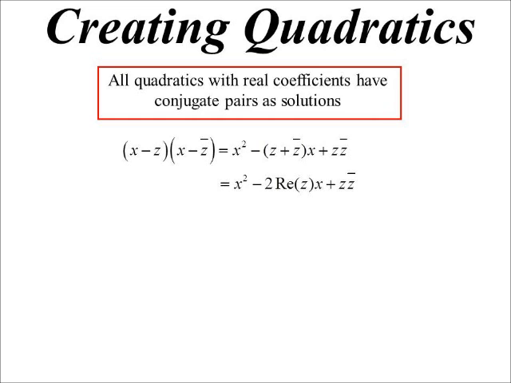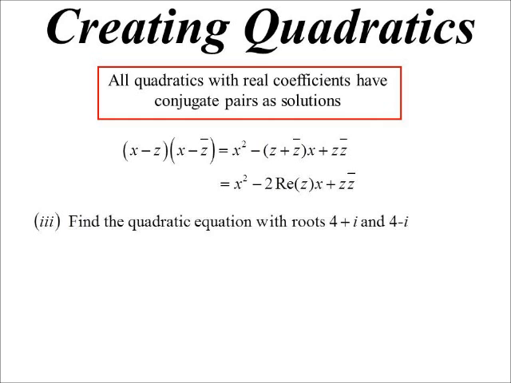Now, if I'm told I've got these two roots, 4 plus i and 4 minus i, the long way about it would be to write it as (x minus (4 plus i)) times (x minus (4 minus i)) and expand the whole thing out. But it's a lot quicker if I go, hang on a sec, I know the sum of the roots: the imaginary parts are going to cancel. I'll get twice the real part, which is 8.